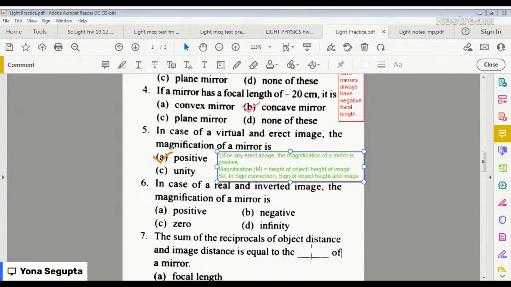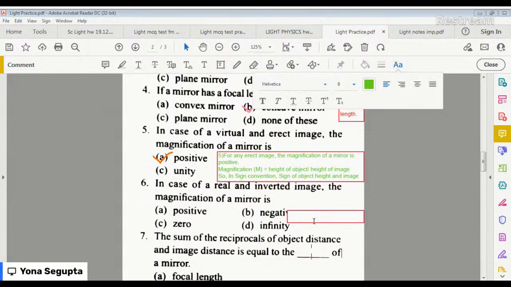For a real and inverted image, the height of the image is negative and the height of the object is positive. So the magnification of the mirror is also negative here.